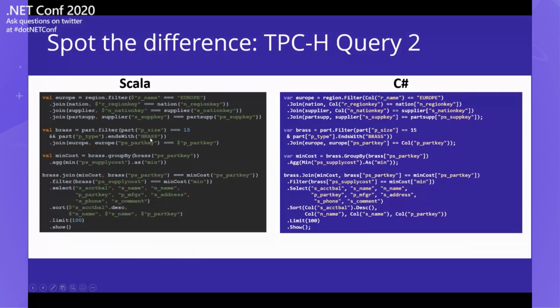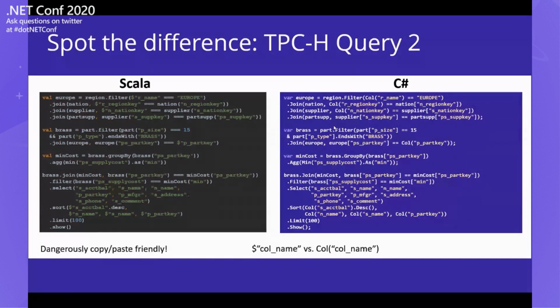What you notice here is the left side shows a Scala example, and the right side shows the exact same example written in C#. You can take a moment to see what exactly the differences are here, and you'll immediately notice it's dangerously copy-paste friendly, and the team has been very conscious about allowing and encouraging you to do this, because we do want you to search on Google. We want you to search pretty much anywhere on the internet, go to Stack Overflow, copy paste the examples, and just change very trivial things in order to make the example run on top of C#.